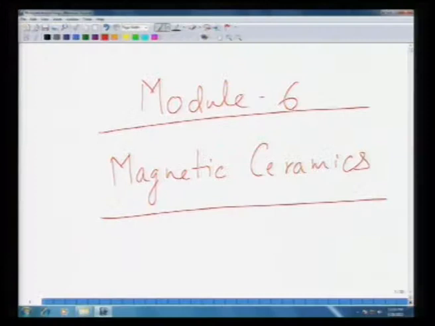piezoelectricity and pyroelectricity. Now, moving forward, in this module we will discuss basically magnetic ceramics. This is a very important topic from an applications point of view, because magnetic ceramics like ferrites and various other oxides have special properties in terms of magnetism and their transition temperatures, which make them useful for a variety of applications.